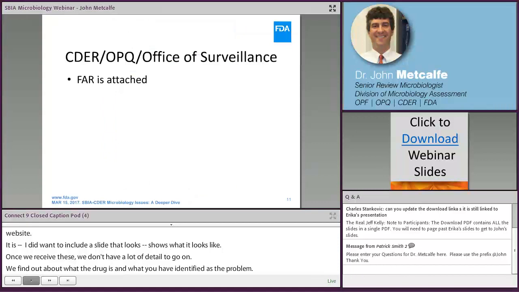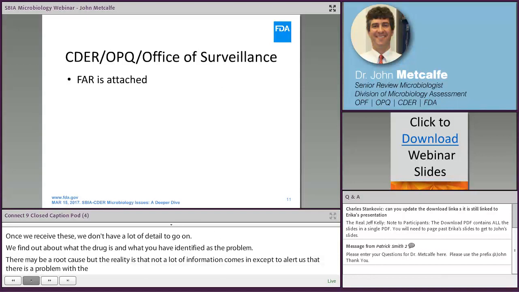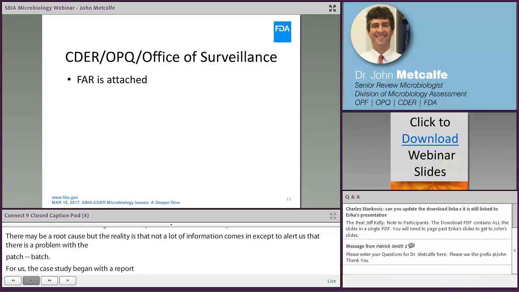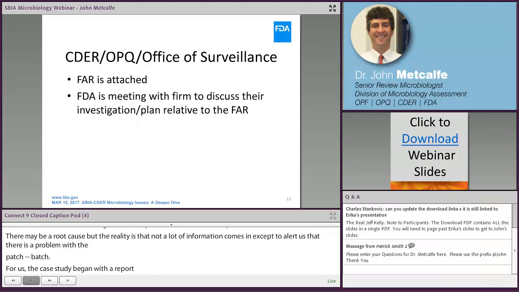So for us in the Division of Microbiology Assessment, the case study began with a field alert report that was sent to us by OPQ's Office of Surveillance. Our colleagues in the Office of Surveillance contacted the Division of Microbiology Assessment, and they said, we have a field alert report. It's attached to this email.